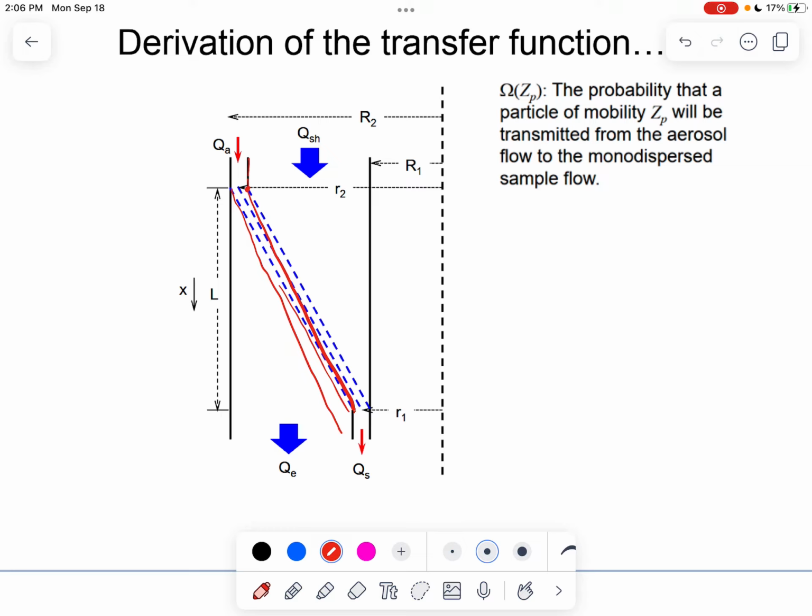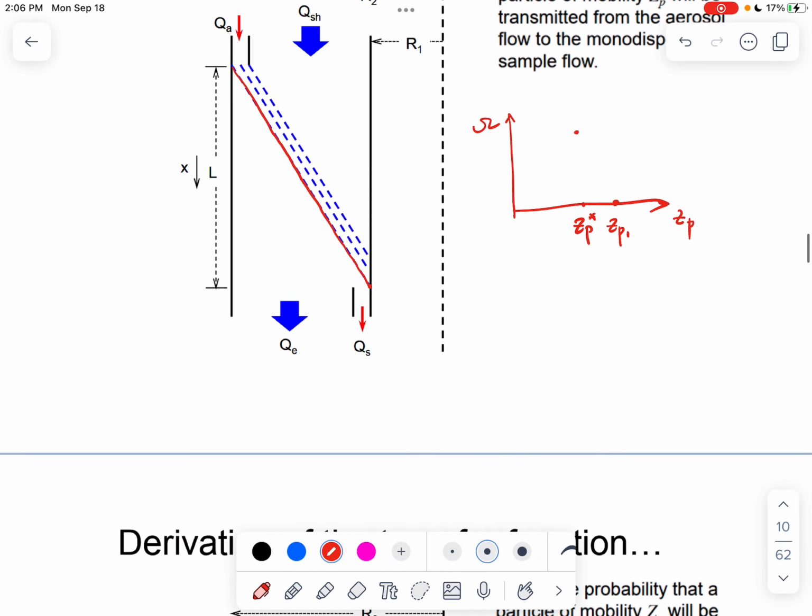And if the particle size is further larger, their electrical mobility further slower, then they will completely miss the outlet of the DMA, right? So which means that there's also going to be a value, right, where the electrical mobility, if it's larger than the ZP2 here, then you're going to have a zero probability function.